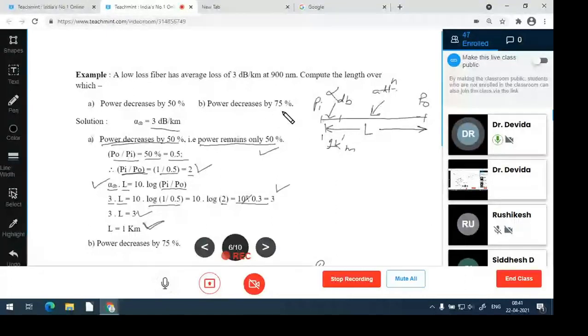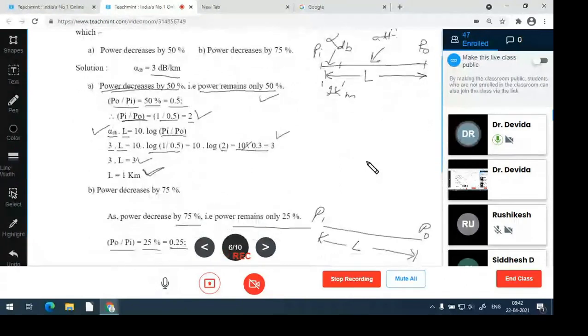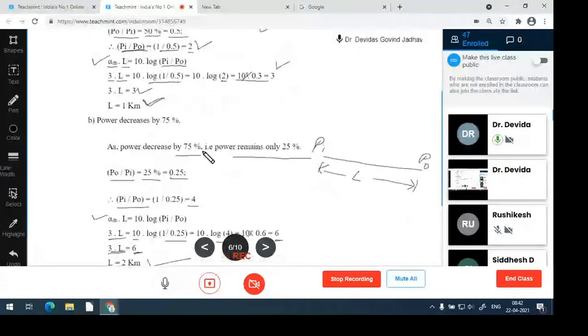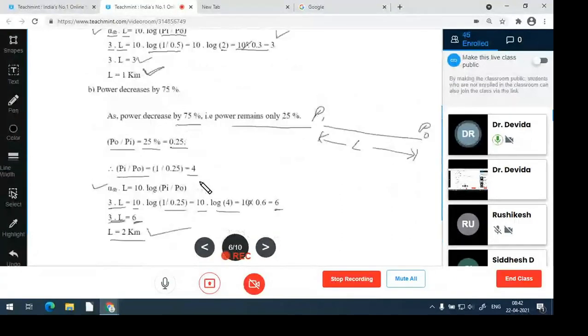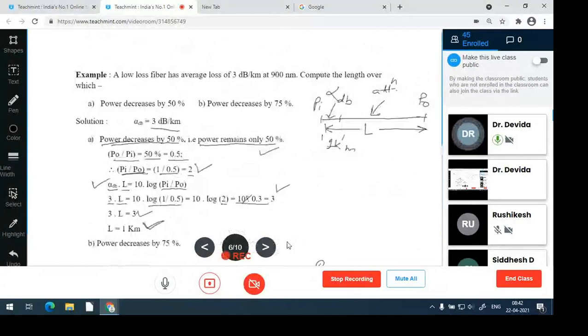Decreasing by 75% means only 25% remains. In a hurry, do not take 0.75. We are not taking this value in the calculation. We are taking the remaining power, the power at output, 0.25. We have to remember this while solving such problems.